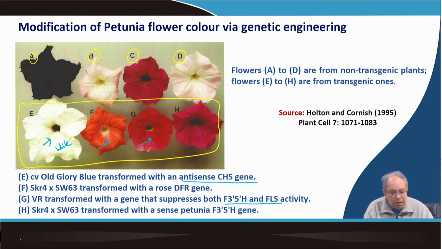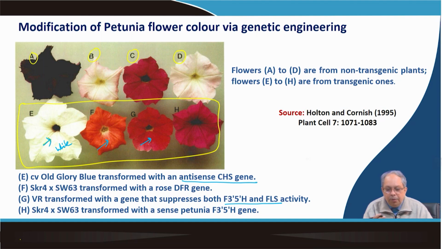Okay. And the fourth one is basically transformed with a sense petunia F3 prime 5 prime H. So, when petunia F3 prime 5 prime H is transferred, that leads the pathway to flow more towards the delphinidin.